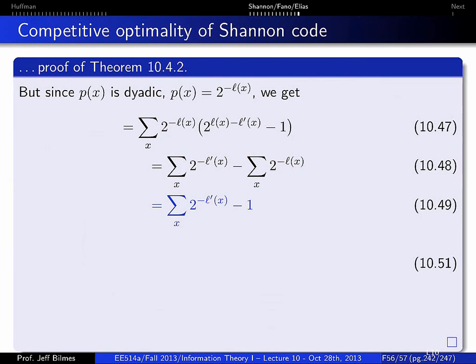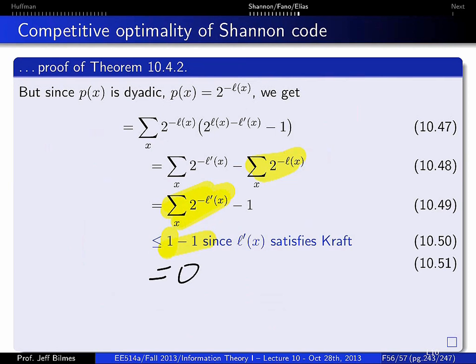These are the probability distributions, and we're summing over all of x, so that whole thing is going to equal 1, since that corresponds to all the probabilities. And then, as you can well imagine, Kraft's inequality comes into play here, and we can upper bound this other one by exactly 1. So this one is exactly equal to 1, and this one we can upper bound by 1. And so we get less than or equal to 1 minus 1, which is, of course, equal to 0, which is what we wanted.